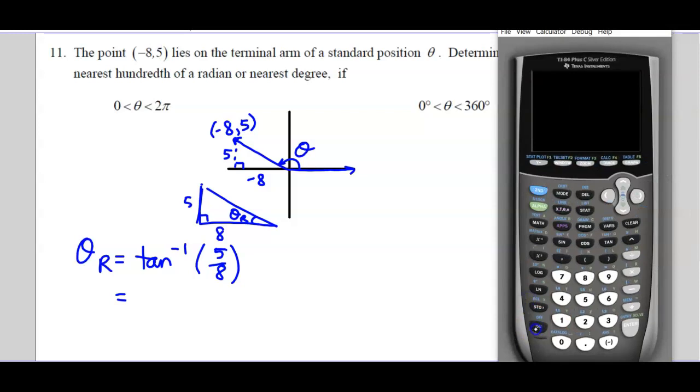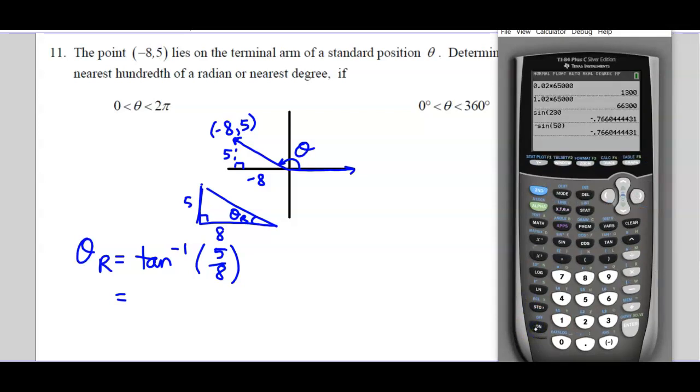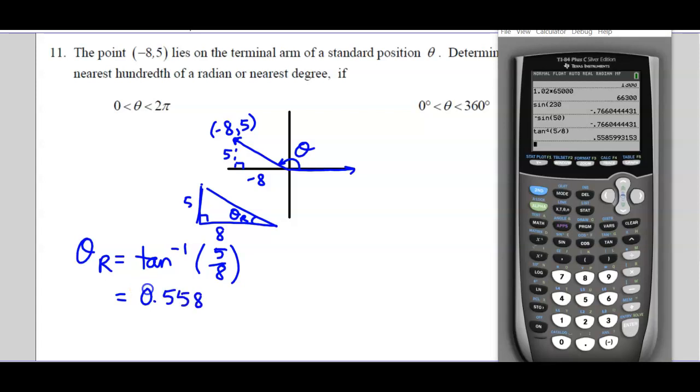We're doing it in radians here first, so convert to radians in your calculator. Second, tan 5 divided by 8. I'm not done yet, so I'm going to copy some of these down in case I clear my calculator by mistake. Okay, that's my reference angle.